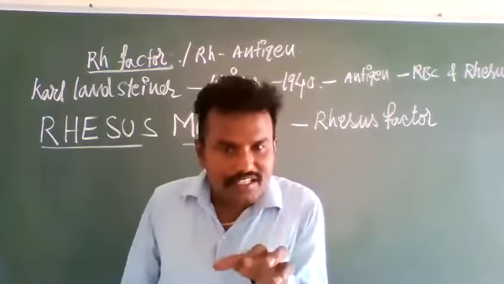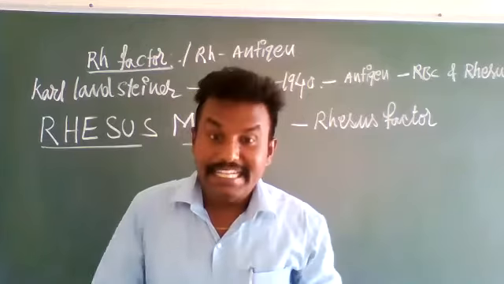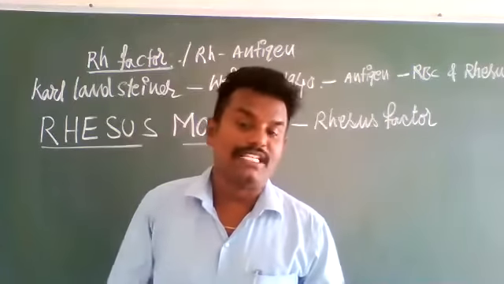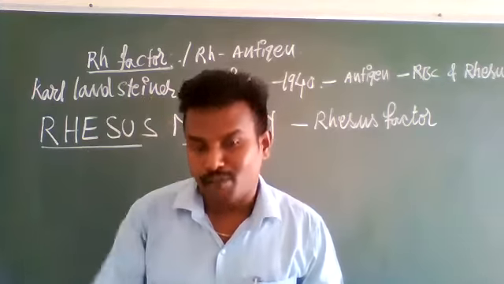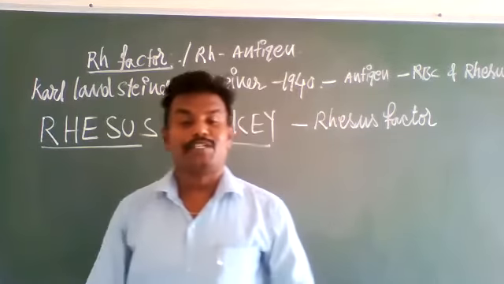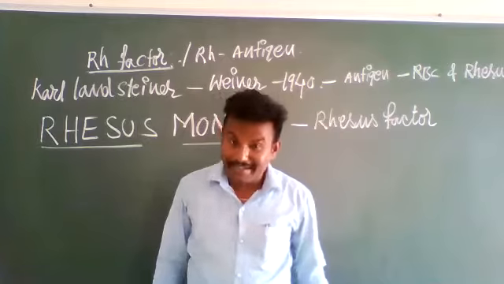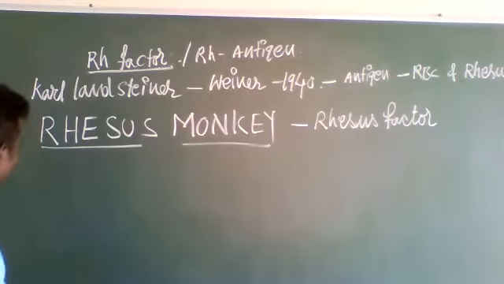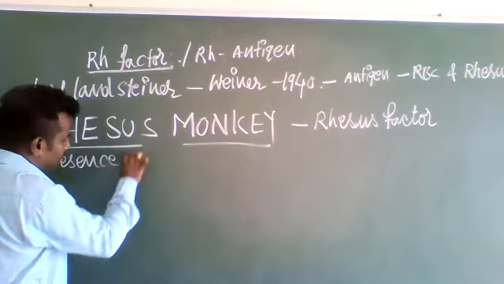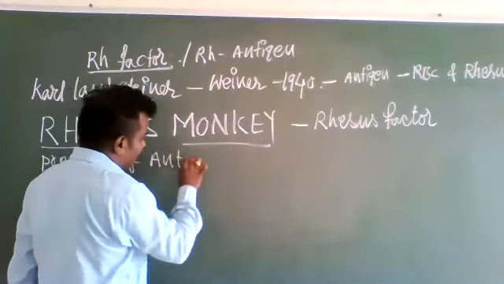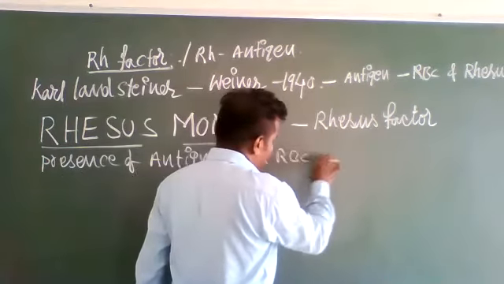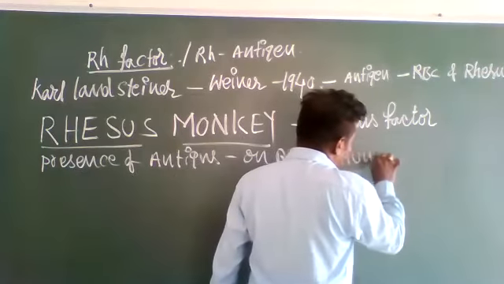The same factor they found in the monkey, they found in human red blood cells. Then they divided people depending on the presence of the special antigen on the red blood cells of human beings.